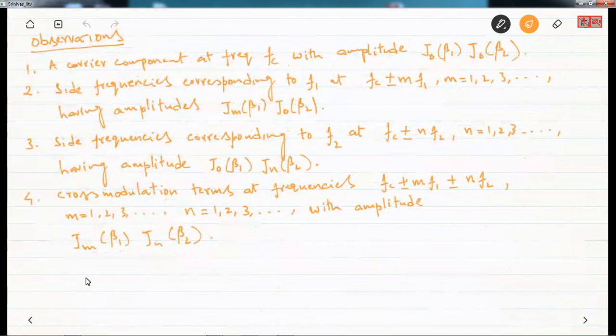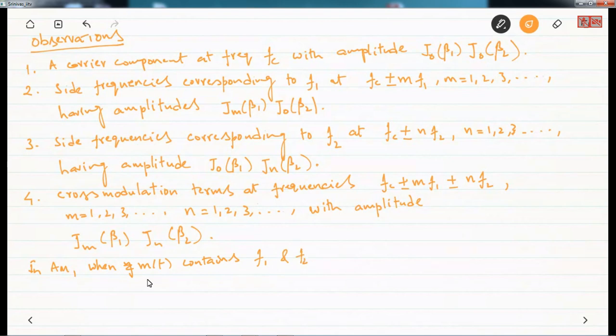Okay. So now just compare this with AM. Sorry, we are considering FM. Just compare this with AM. So in amplitude modulation, when m of t contains two frequencies, f1 and f2, then what will be your carrier frequencies?